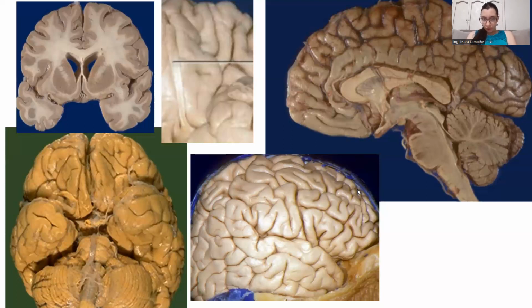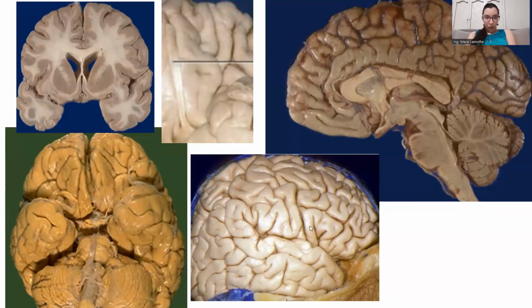So the superior frontal sulcus is this, and separates the superior and middle frontal gyri, and the inferior frontal sulcus separates the middle and inferior frontal gyrus. Then the inferior frontal gyrus has in the most anterior part 3 areas.